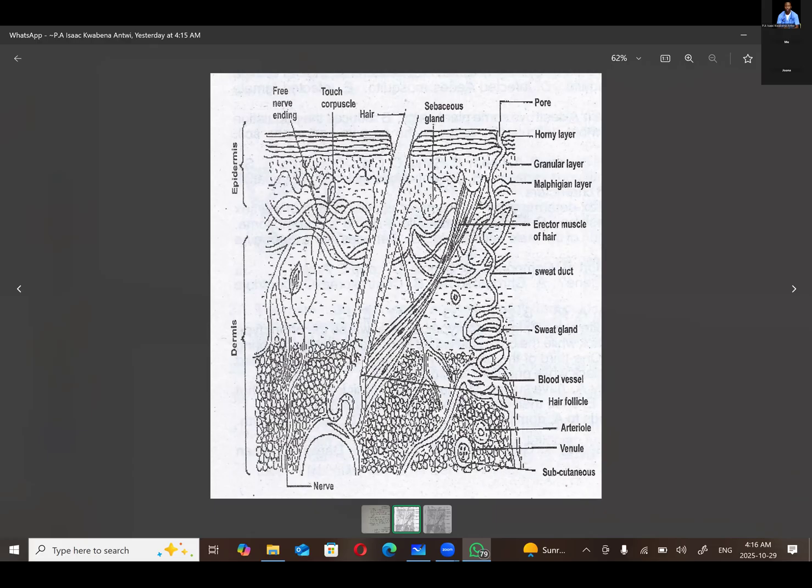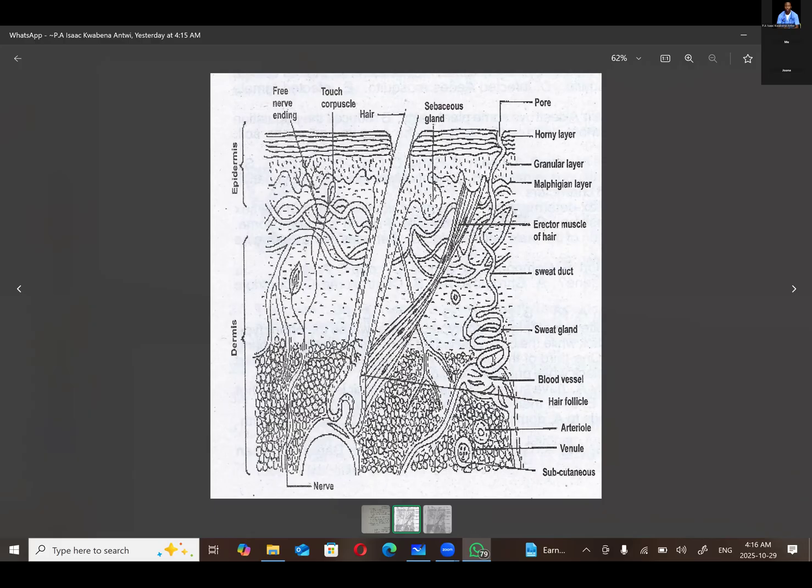By the way, I'll be very glad if you've drawn the skin because I'm giving you new labels, right? I just told you that these circles at the bottom are called what? The adipose fat. I want to give you one more label. You can pull an arrow from this area, at the tip of the hair, and extend it to this area.